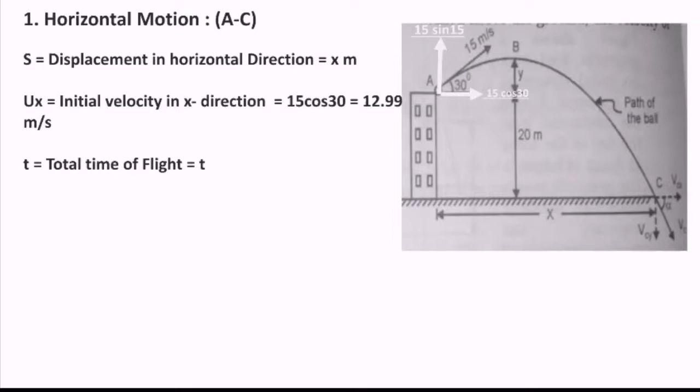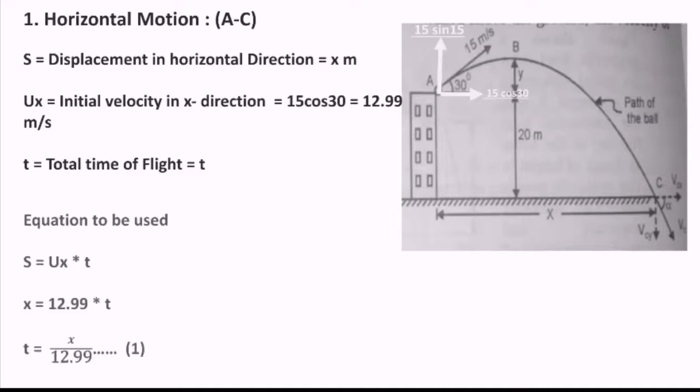Here I have not taken T1 because I am considering the entire motion from A to C, hence total time is T. For horizontal motion we have only one equation, S is equal to ut. On substituting the above parameters in that equation, I will get T is equal to x divided by 12.99. Let this be equation number 1.